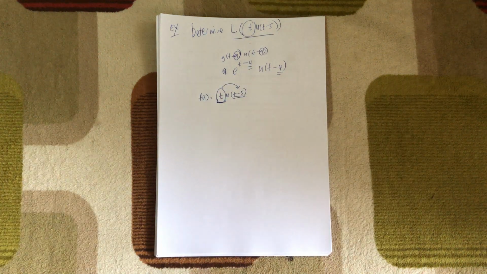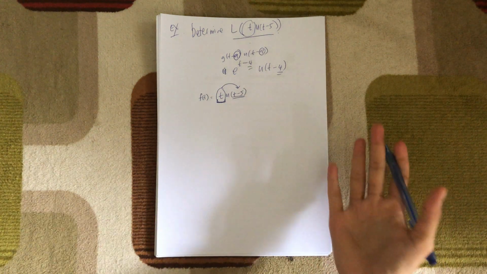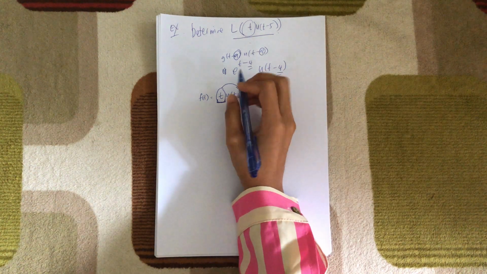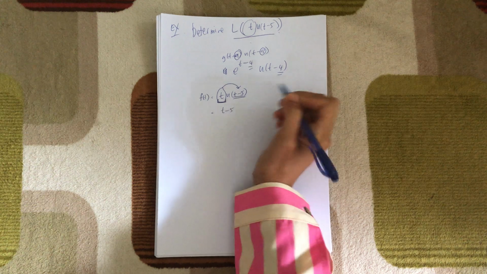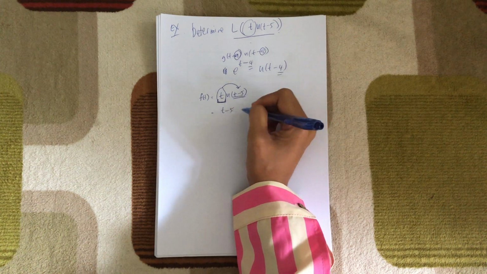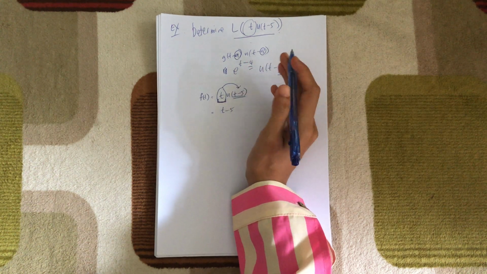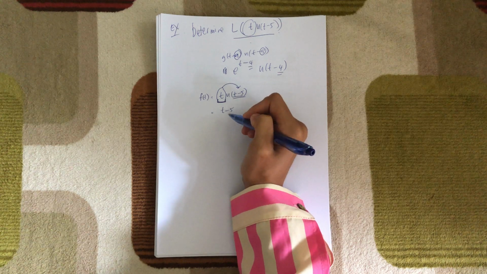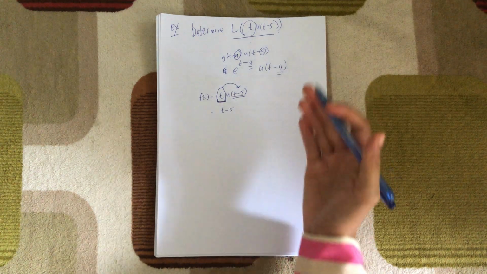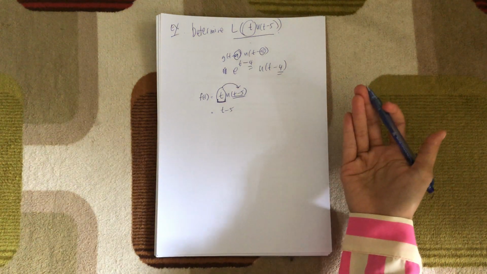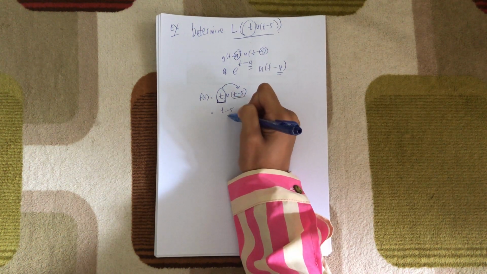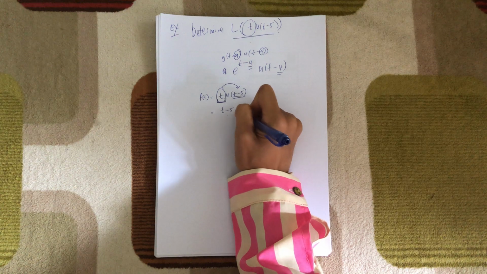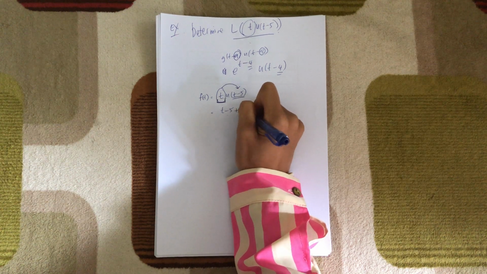I mean, you need to make t become t minus 5. So how? We just minus 5. Yes, correct. We just minus 5, but you have already changed it from the original question. The original question is t. So how to get back t from t minus 5? What do we do? Yes, we plus 5.